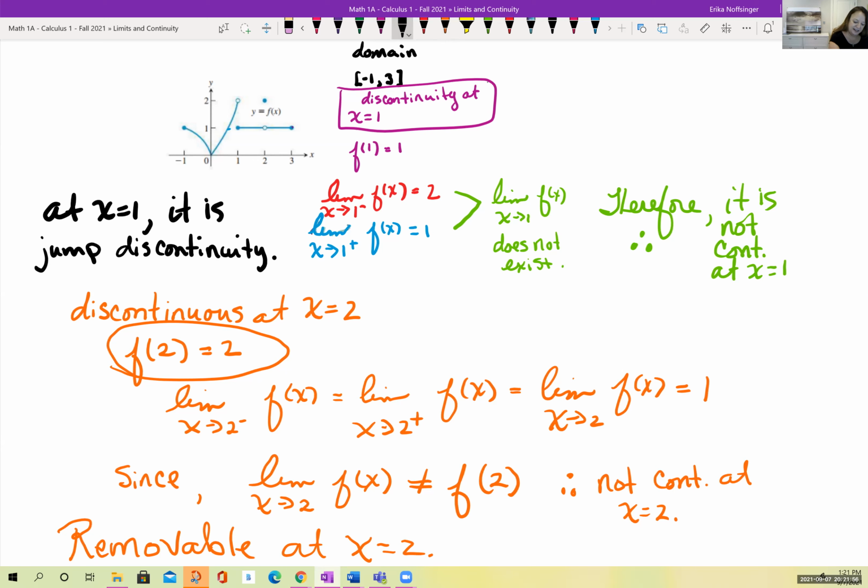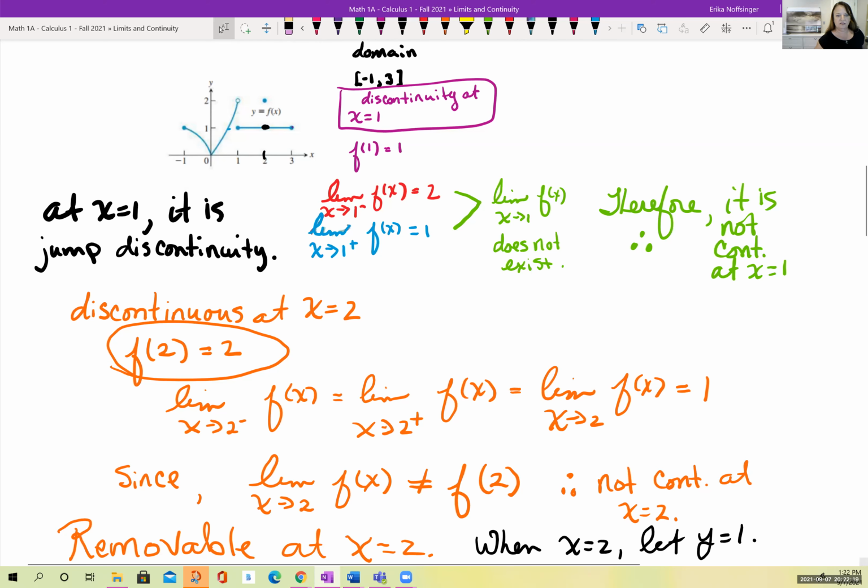So if we define, so when x equals 2, let y equal 1. So x equals 2, and we let y equal 1. Notice that this now is solid here. And so it's removable.